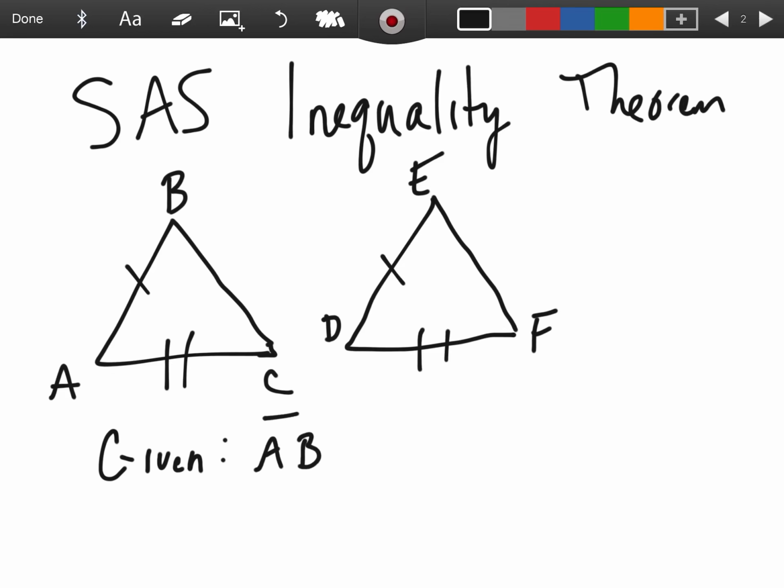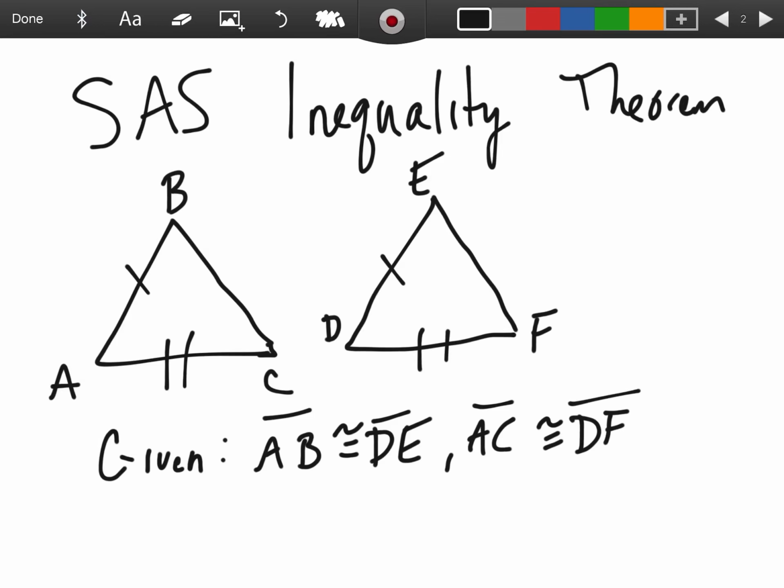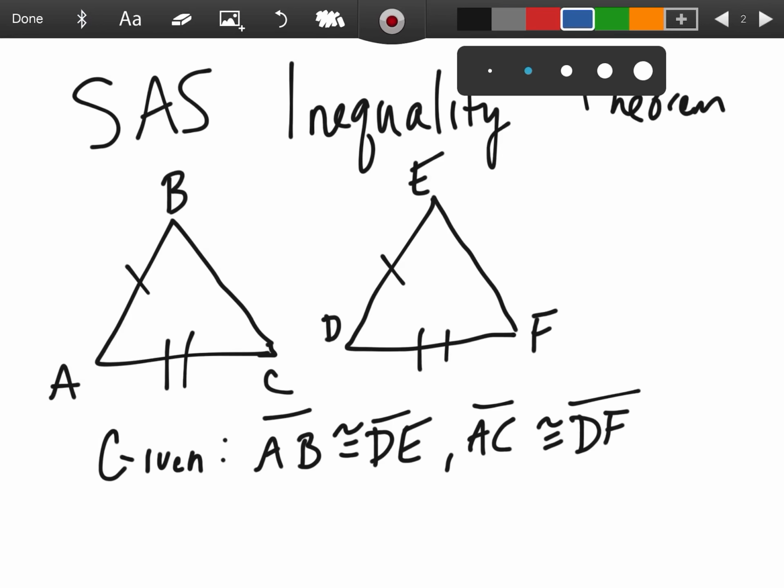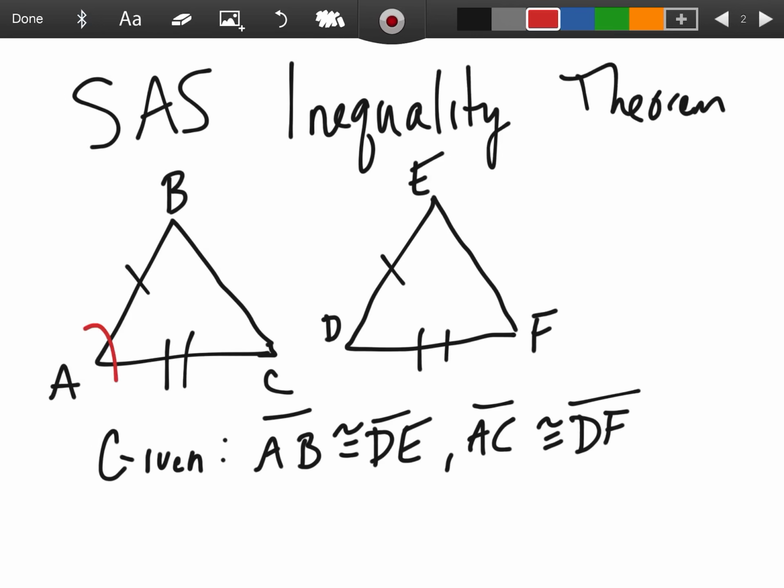So we still know AB is congruent to DE, and we also know that AC is congruent to DF. However, the one thing that changes now is that angle A is not going to be congruent to angle D. That's where the inequality comes into play. Maybe we know that the measure of angle A is greater than the measure of angle D.